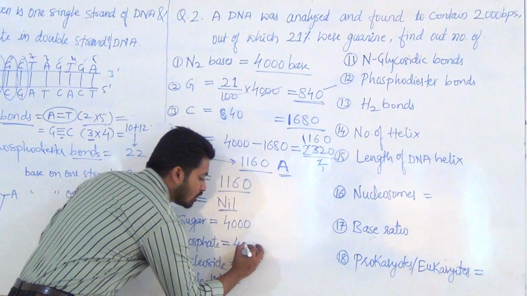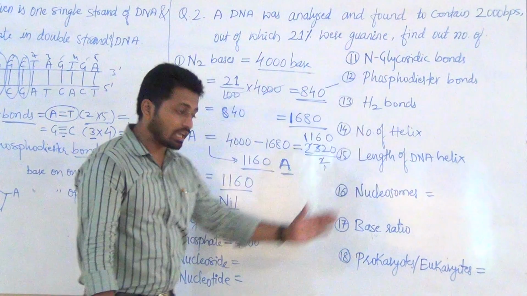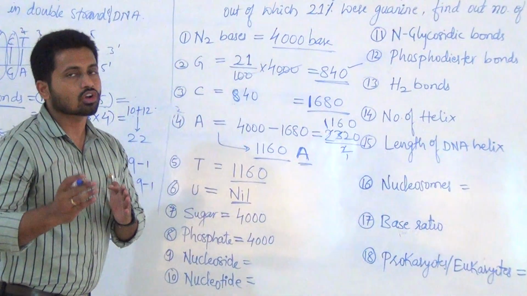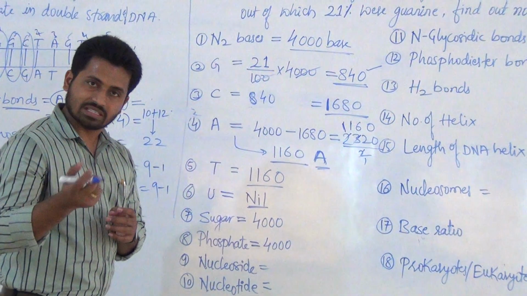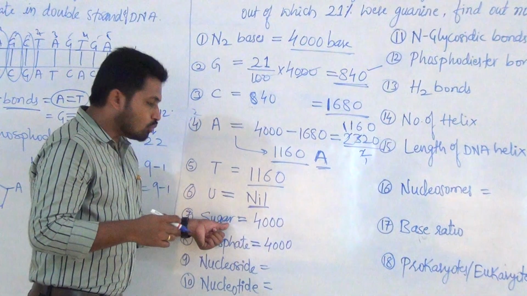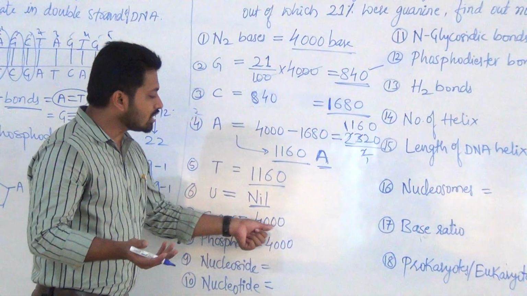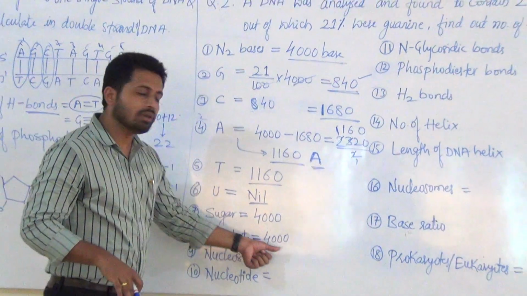Remember, they are not asking for phosphodiester bond, only phosphate. A nucleotide is a combination of sugar, phosphate and nitrogen base. So one sugar and one phosphate are compulsory, and 4000 sugar molecules for 4000 bases means phosphate will again be 4000.